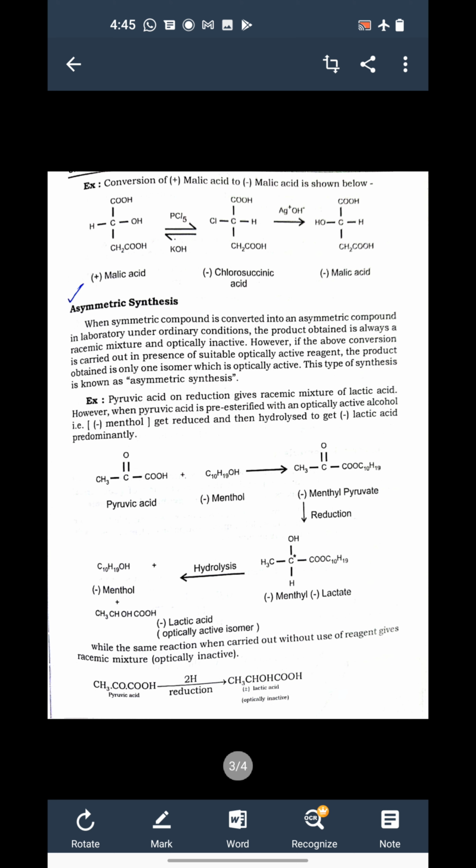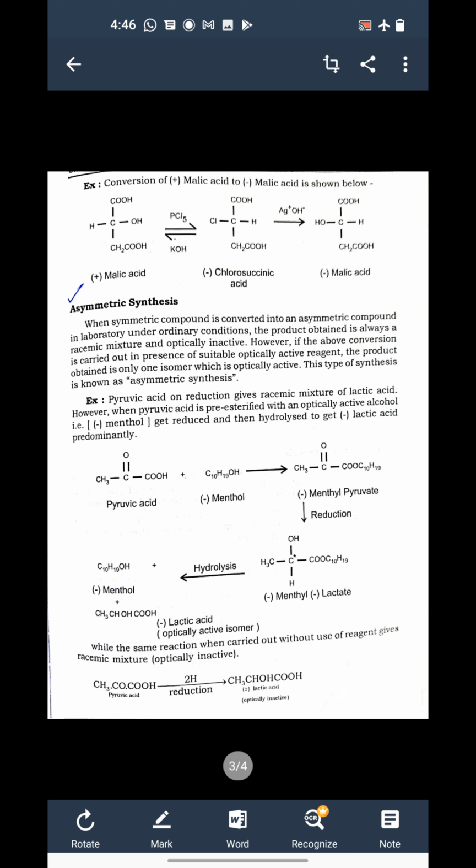The next term which is very important is asymmetric synthesis. Before that we discussed racemization, means formation of racemic compound. Then resolution means exactly opposite, when we are getting optically active compounds from the racemic mixture, it is called resolution. Now what about asymmetric synthesis? Asymmetric is a word related with carbon, asymmetric carbon. Whenever we have a compound which has a symmetric carbon, that compound must be optically inactive.